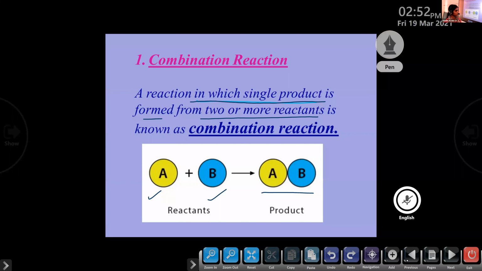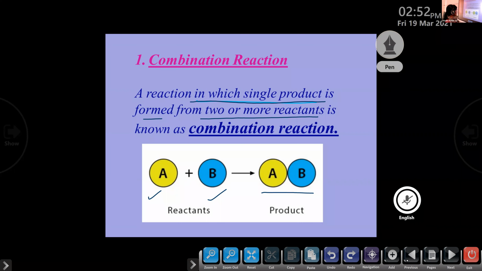Exo and endo. Exo means outside. Okay. And what do you mean by thermic? Thermic or thermal? Heat. Heat, right? So heat is generated or heat is released. Such type of reactions are known as exothermic reactions.